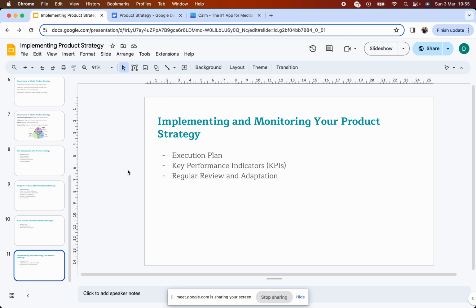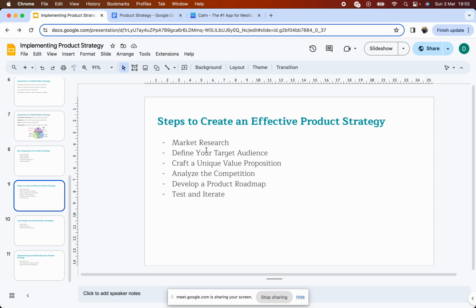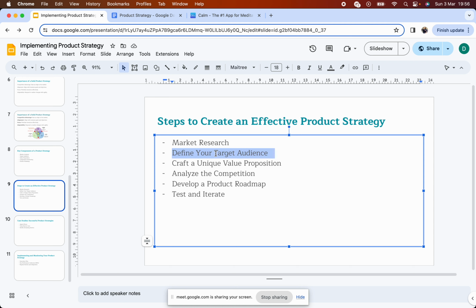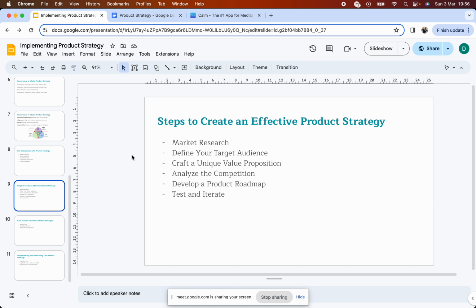Okay. So you go through these steps. You do your market research, you define your target audience, you craft a unique value proposition. And by target audience, there are various ways to do this. You can define your target audience by the problem that they have. For instance, Bolt. Who are the people that use Bolt?